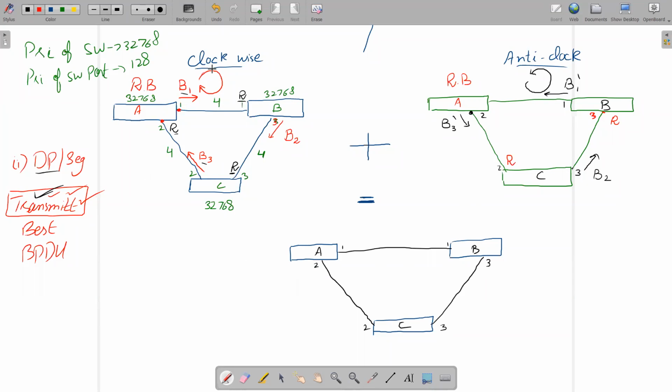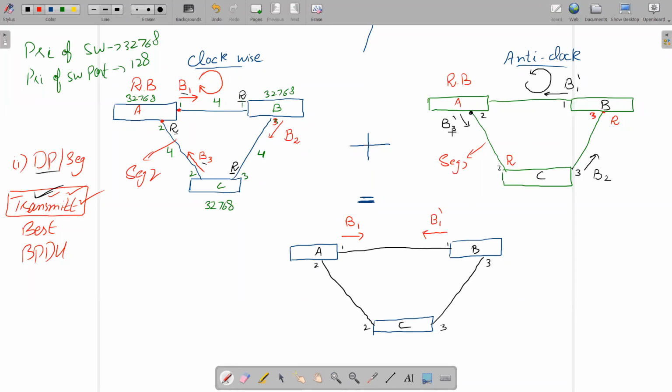When I started moving in the clockwise direction, as I mentioned, B1 is transmitted through this port, but now look at this diagram. From here it is also transmitting B1 dash. Take this segment, segment 2, and take this segment, segment 2.